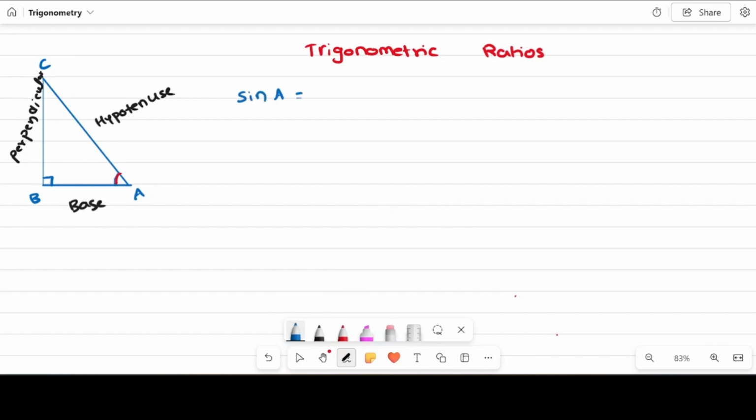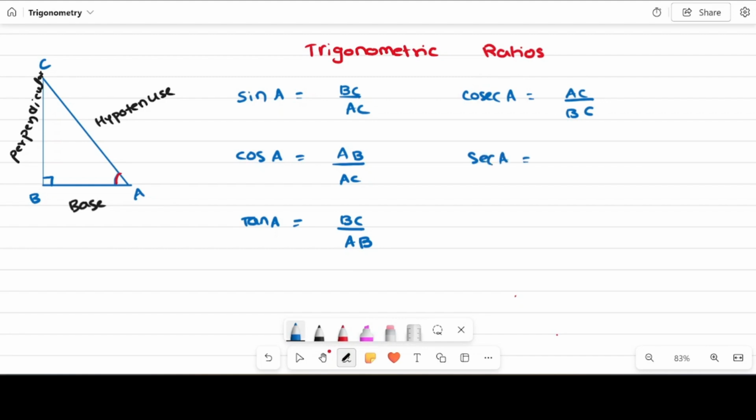We know sine is the ratio of perpendicular to hypotenuse, so it will be BC by AC. Then we have cos, which is base by hypotenuse, or AB by AC, and tan is the ratio of perpendicular to base, which is BC by AB, and we have cosecant, which is the ratio of hypotenuse to perpendicular, and we have secant, which is the ratio of base to hypotenuse.